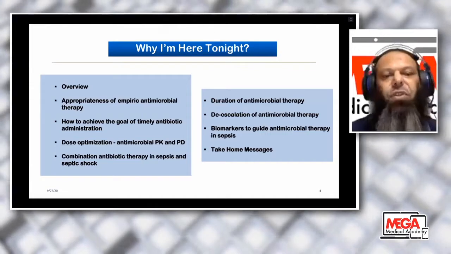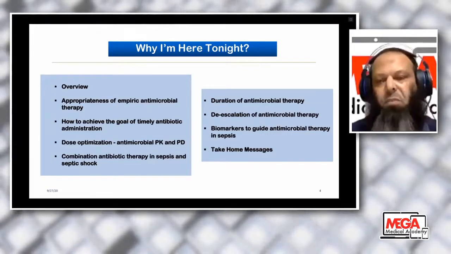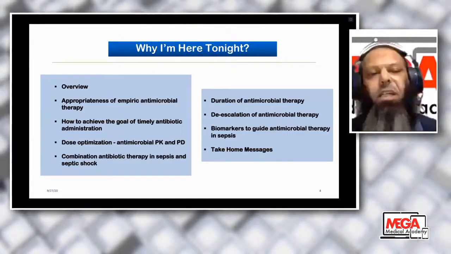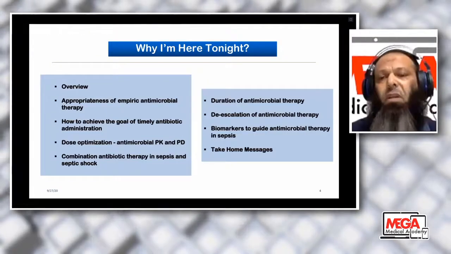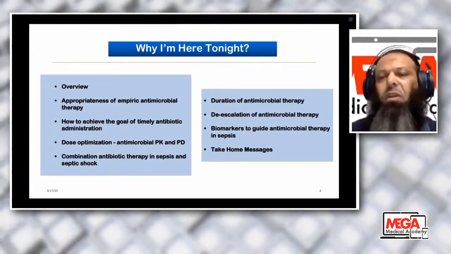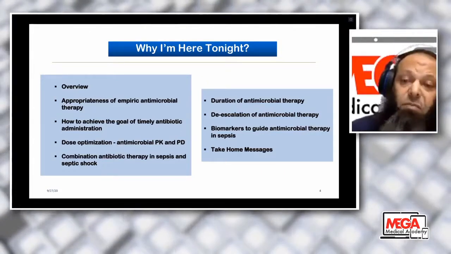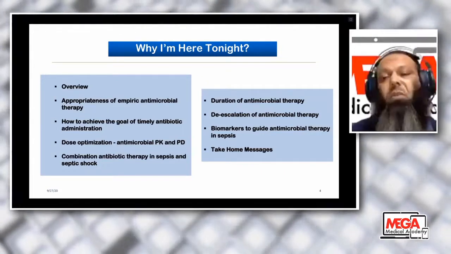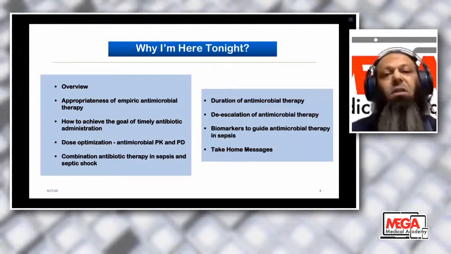Third is the dose option. Fourth is the combination of antibiotic therapy in sepsis and septic shock. Fifth is the duration of antimicrobial therapy. Next is the de-escalation of the antimicrobial therapy. And lastly is the use of biomarkers to guide the antimicrobial therapy in sepsis. And I will sum up with some take-home messages.